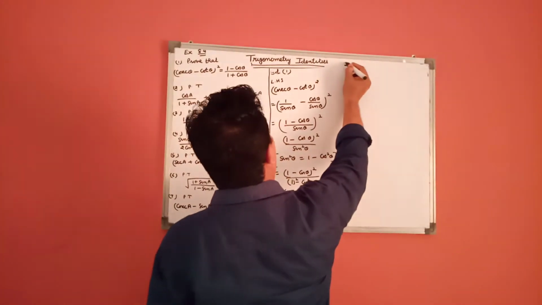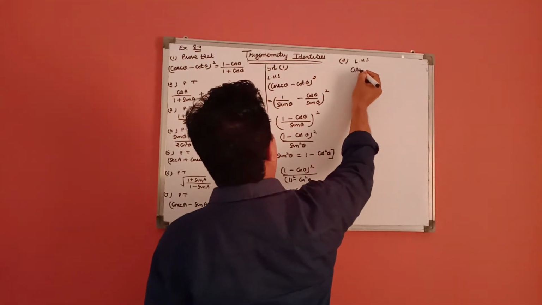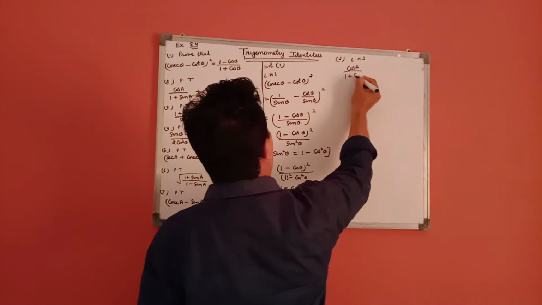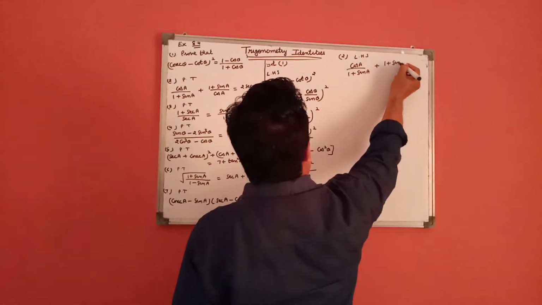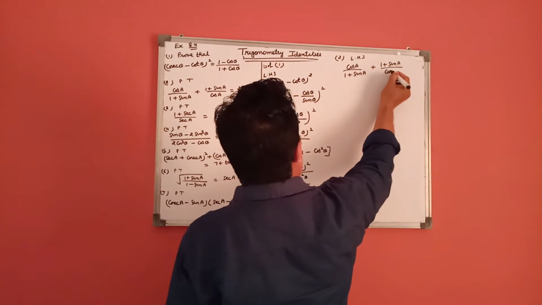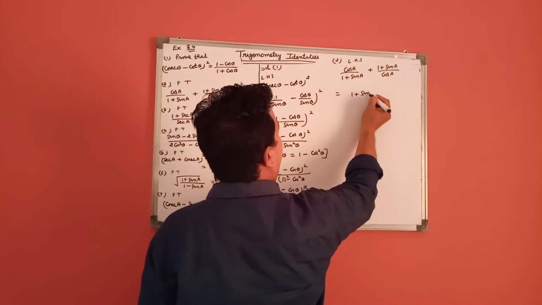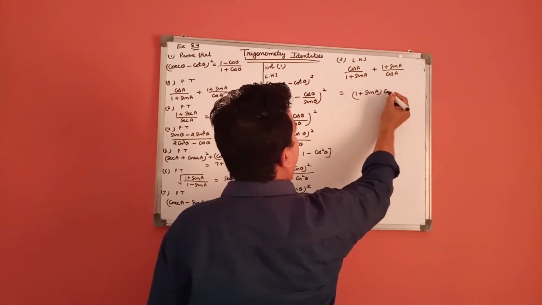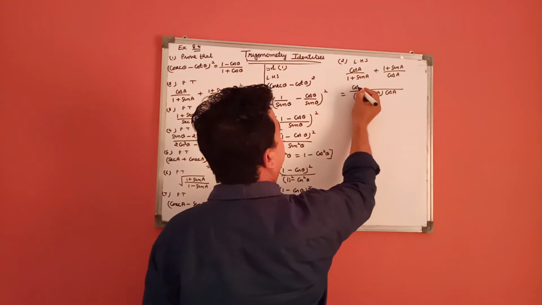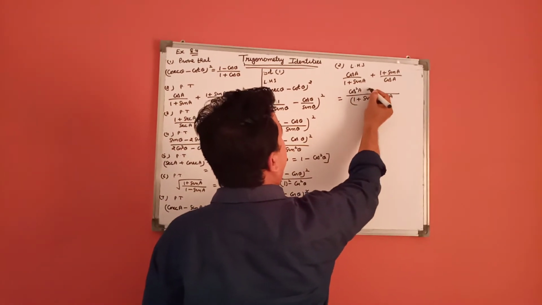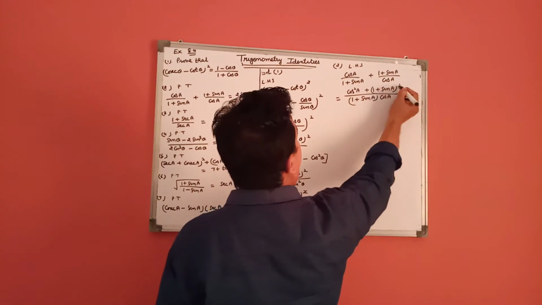In question number 2, the left hand side is cos A over 1 plus sin A plus (1 plus sin A) by cos A. When we take LCM, (1 plus sin A) into cos A, this multiplied by this, that is cos square A, plus (1 plus sin A) whole square.